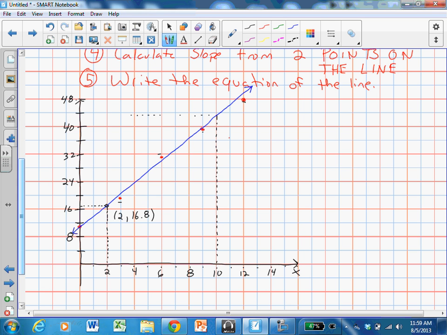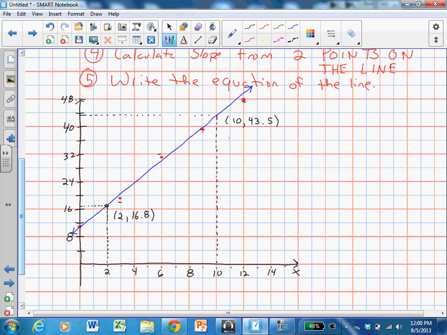And here I have the point 10, 43.5 is my guess with that. The last digit there is an estimate. The 0.5 is an estimate. The 0.8 is an estimate.